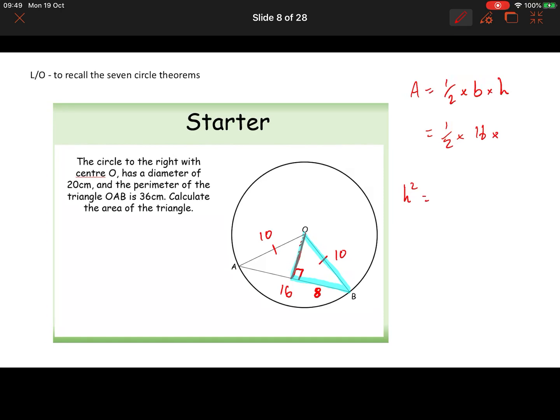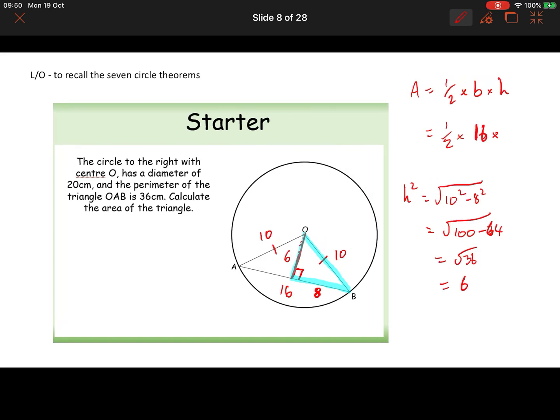So the height is equal to the square root of 10 squared minus 8 squared, which is the square root of 100 minus 64, which is the square root of 36, which is equal to 6. So the height of the triangle is 6.